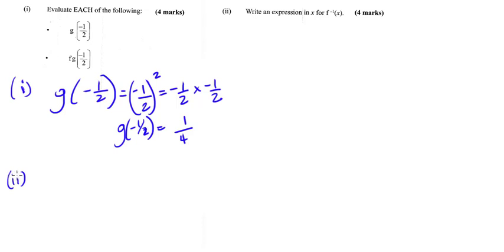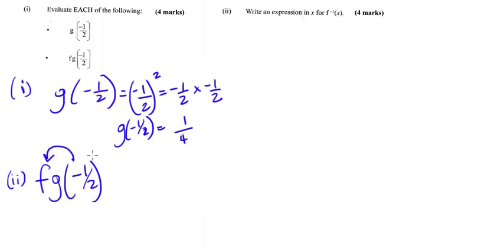Now let's go down to the second part of I, where we're supposed to find fg of negative a half. Now, as you realize, this is a composite function, and that means we are putting one function into the other. So here we are going to be putting g of negative a half into f.